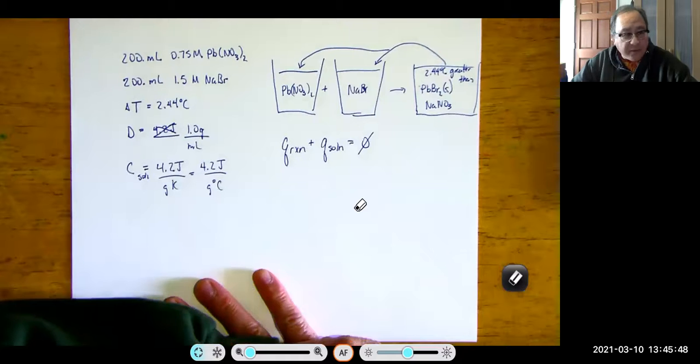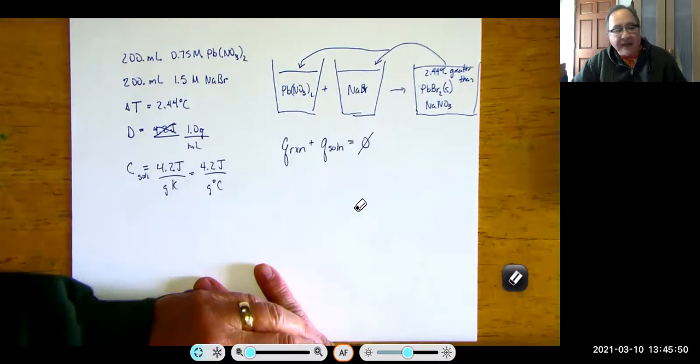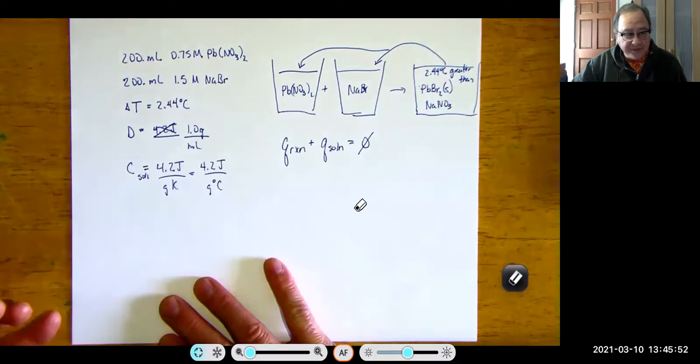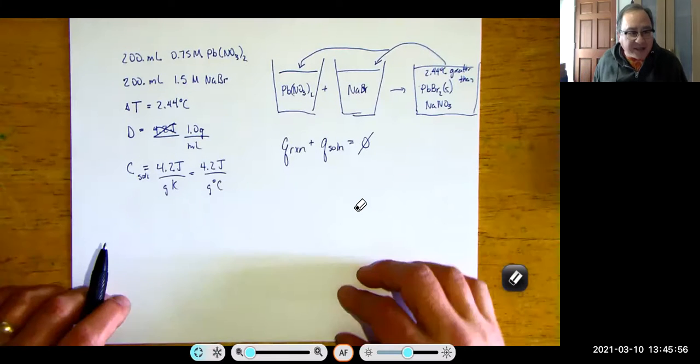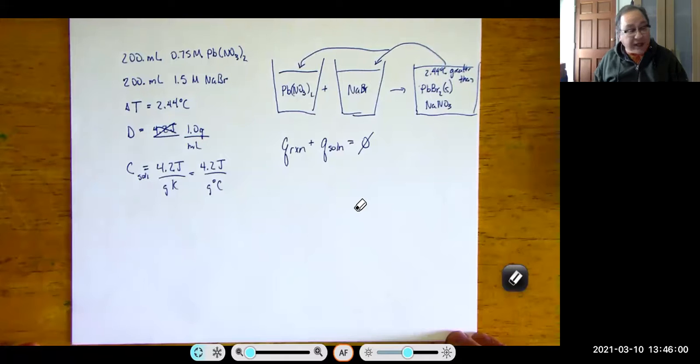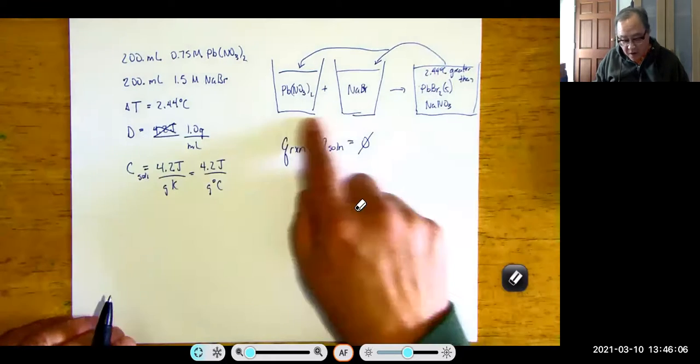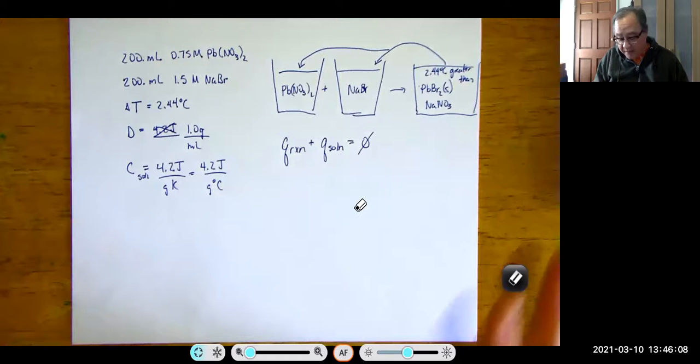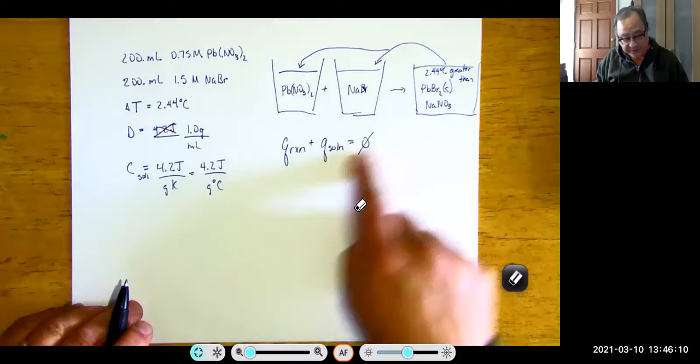Now for Q of the reaction, there are no specific heat capacities for reactions. There are no masses for reactions, so to speak. There are changes in temperatures, okay? Now for Q of the solution, we're treating this like water. It's really clear to me that we're treating this like water for 2 reasons.